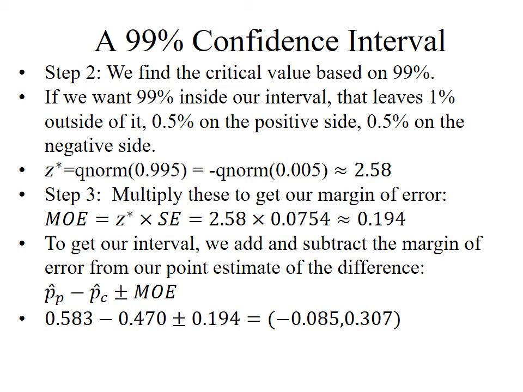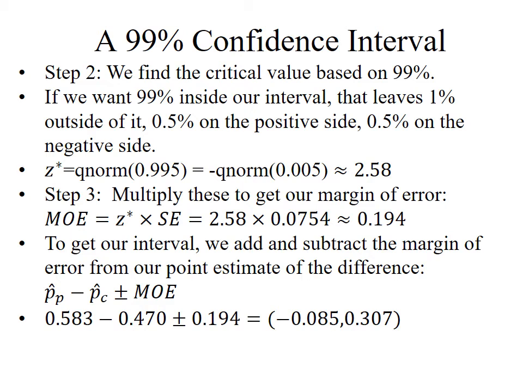I go to qnorm. I can do this with 0.995, leaving 0.5% in the right tail and 99.5% to the left of this, or I can do this with negative of qnorm of 0.005, putting 0.5% in the left tail, and since the normal distribution is symmetrical, it's the same thing to the right and to the left.